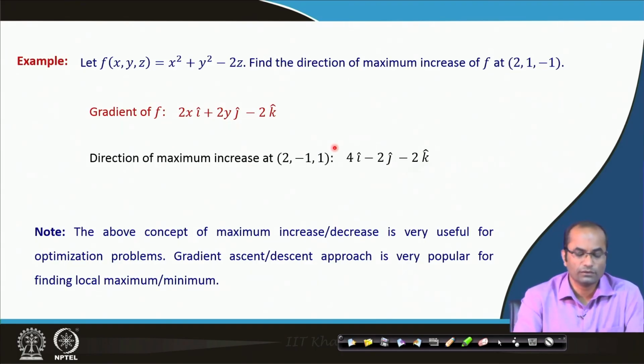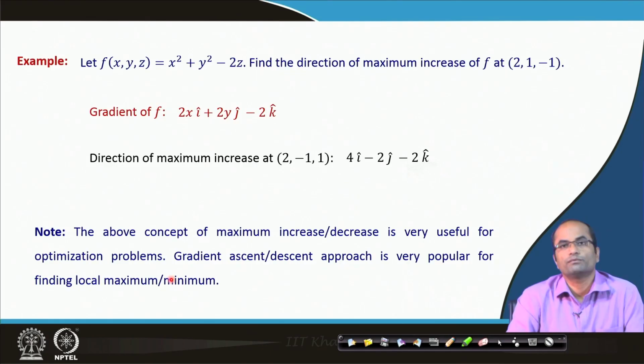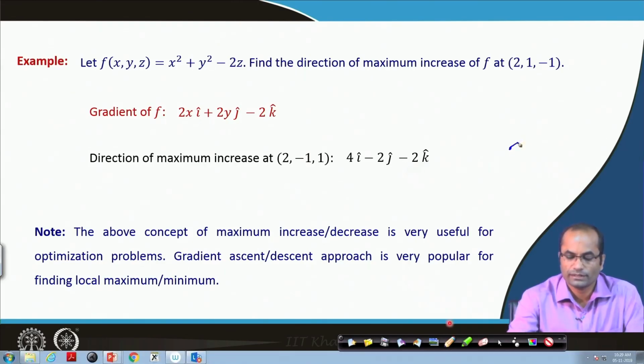There is a well known algorithm, the so called gradient ascent or descent approach, which is very popular for finding local maxima and minima. We start from a point and find the gradient of f, for instance if we are finding the maximum.